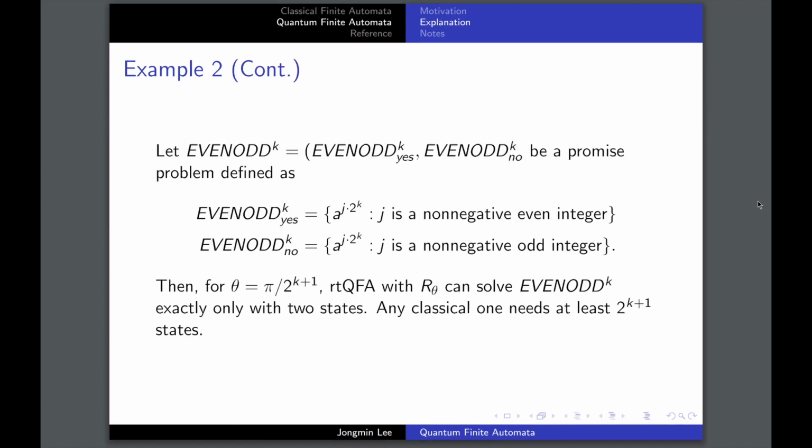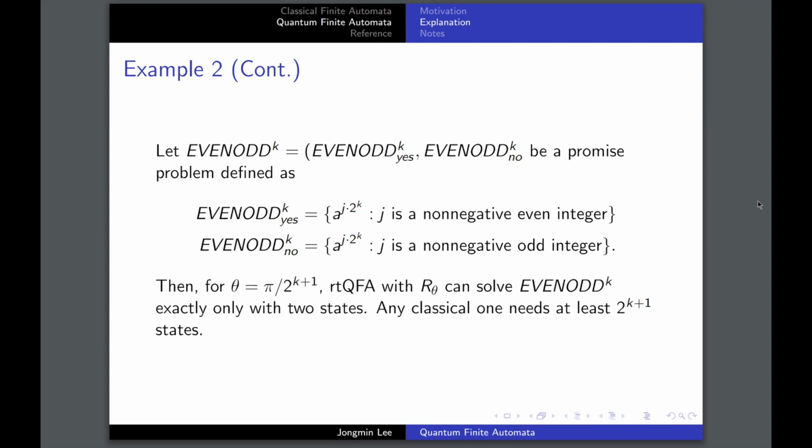If the problem is defined with the yes set, the alphabet is given with only a one element set, a one element alphabet.